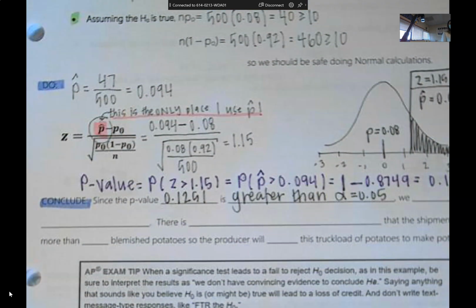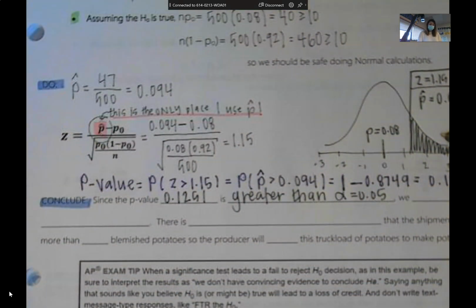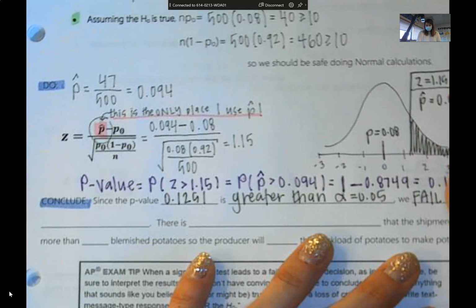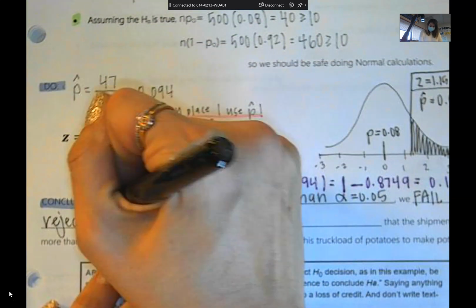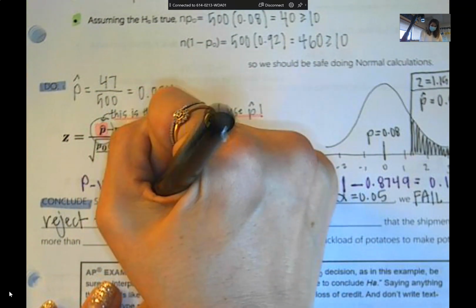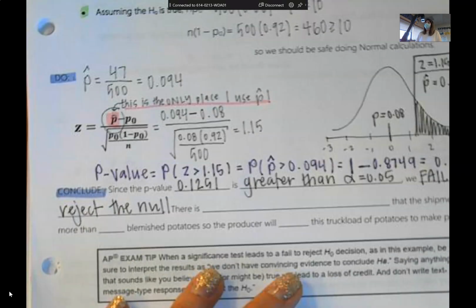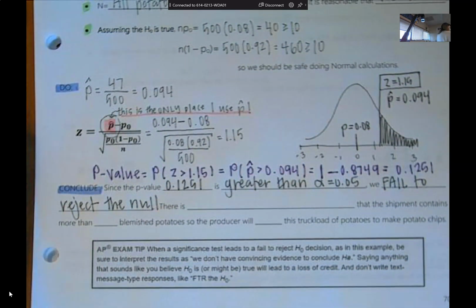Because our p-value is greater than our alpha, we fail to reject the null. You could also say H0 instead of the null if you prefer. So the p-value here is not low. The p-value is high. So we fail to reject.